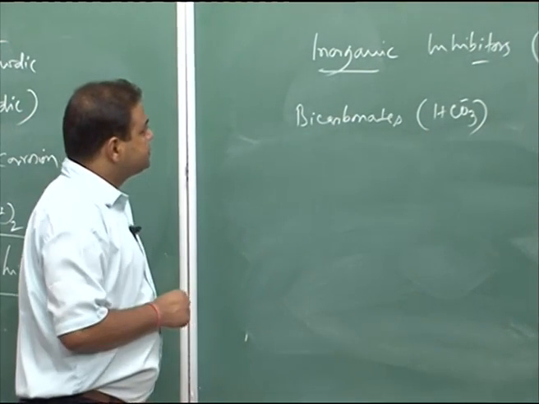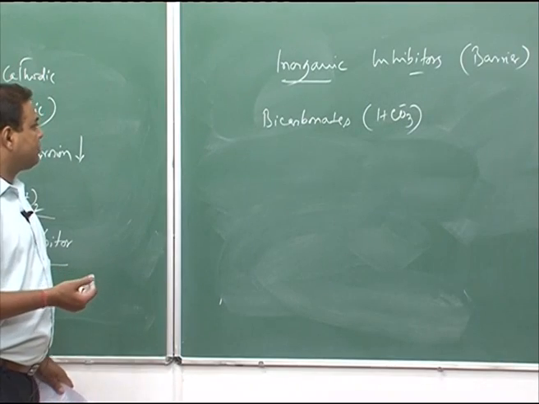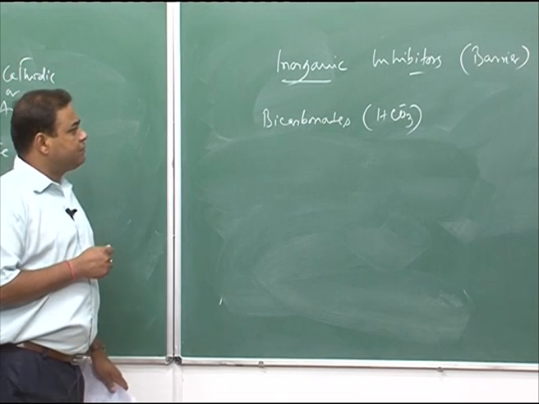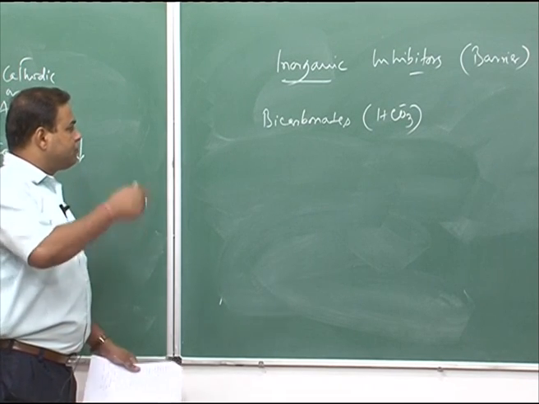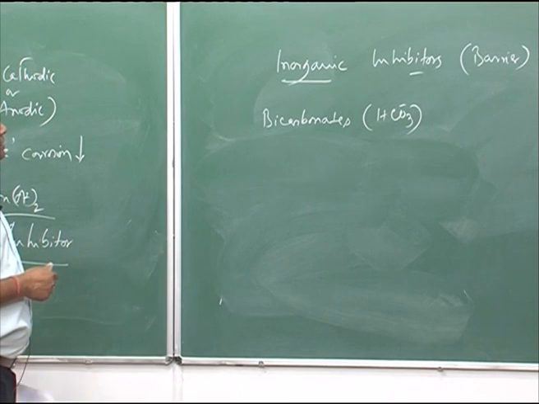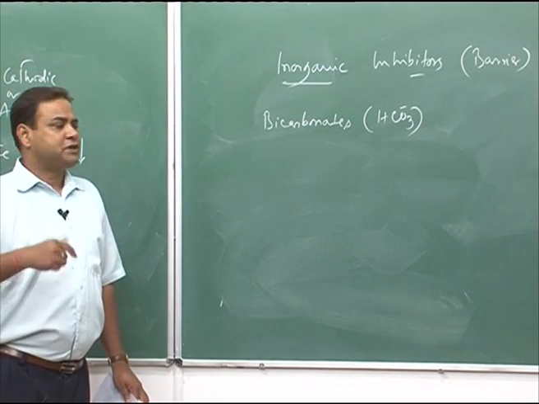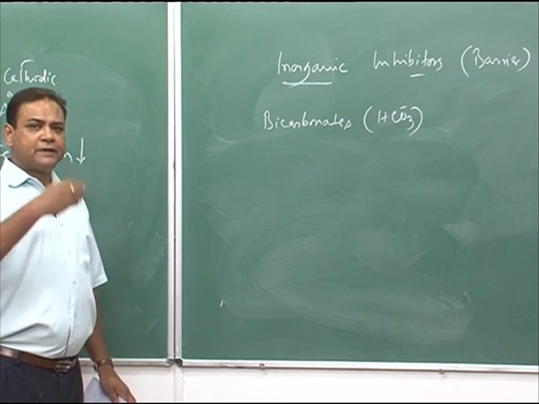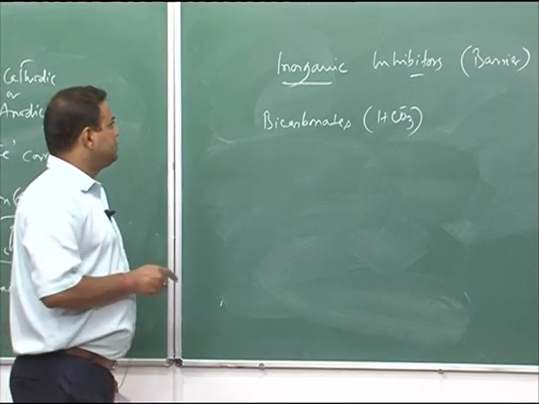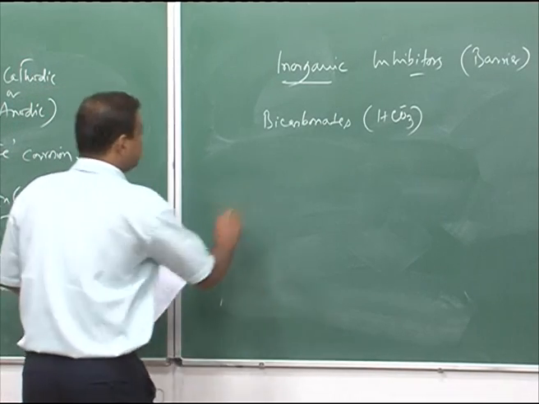So, inorganic inhibitors which are barrier forming, those inhibitors are added which can react and form some insoluble product on the metal surface. For example, if we have bicarbonate, iron bicarbonate can form and which can protect the metal surface in case of alkaline medium, or we can have phosphate which can react with iron to form iron phosphate, and that iron phosphate can form an insoluble protective layer and then prevent corrosion. So, then we can also have poison.